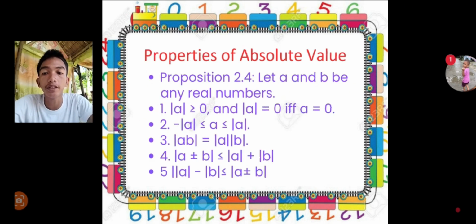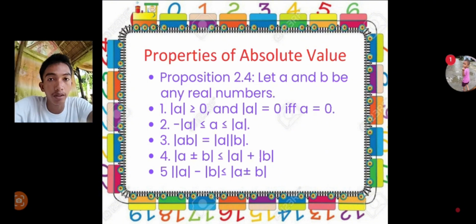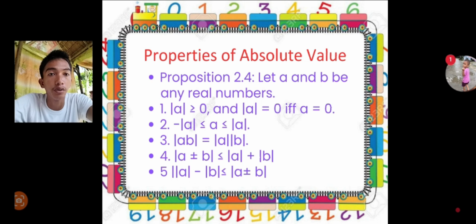So, properties of absolute value. Here are the 5 properties of absolute value, assuming a and b are real numbers. This is number 1. Proposition 2.4: let a and b be any real numbers.